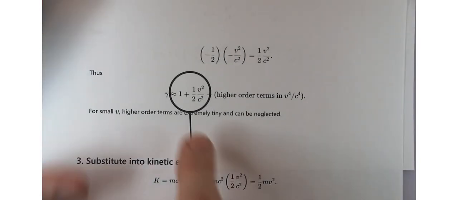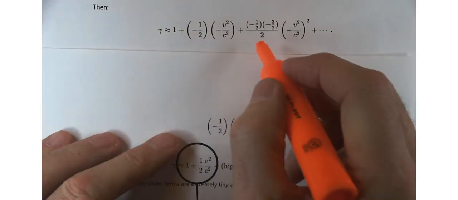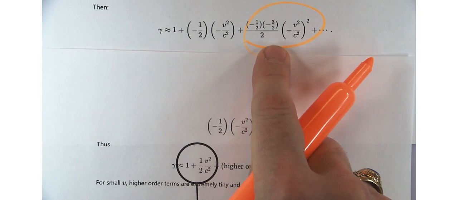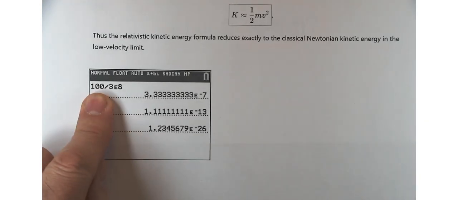If we look at this series, anything past the second term here is really going to get small. How small? Well, let's think about a car going really fast. Think of NASCAR. 100 meters per second is around 224 miles per hour. Sounds pretty fast, right? Not compared to the speed of light, which is 3 times 10 to the 8th.